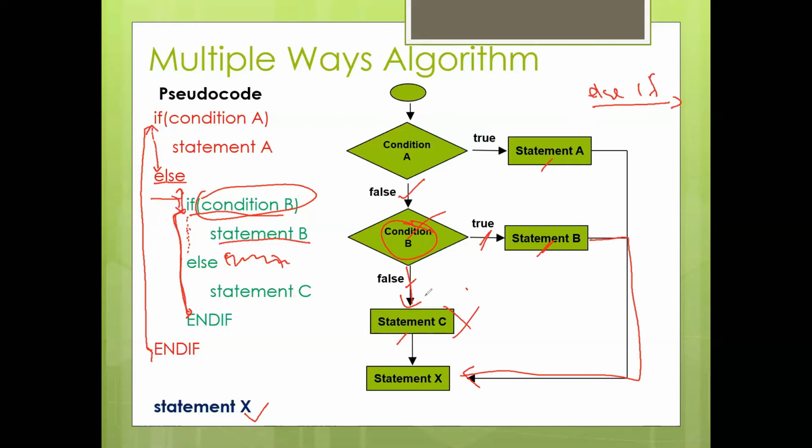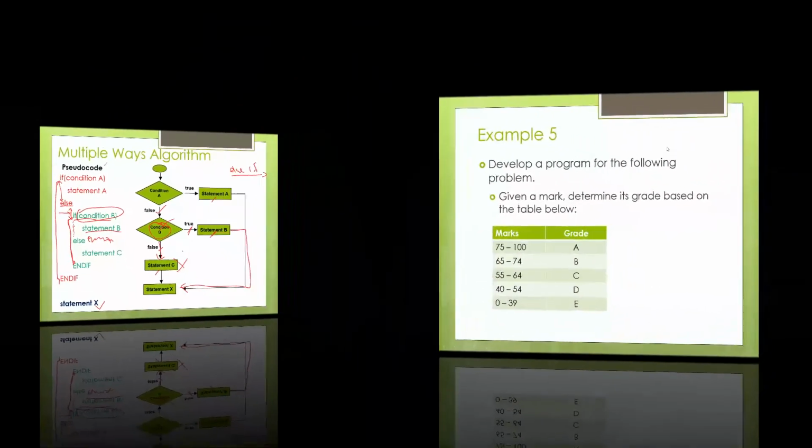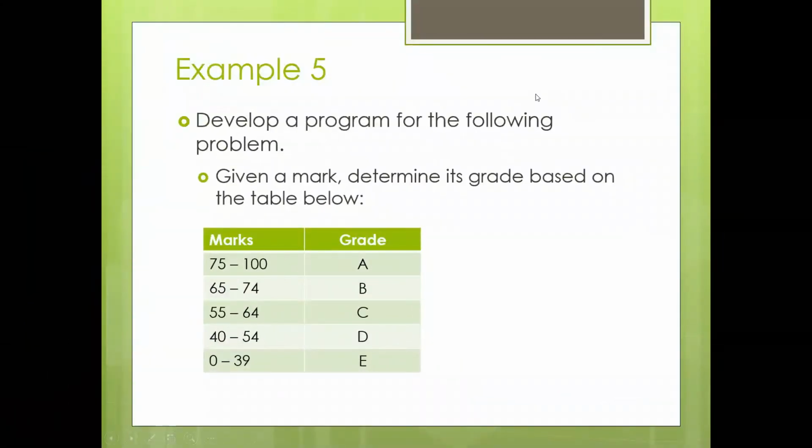Itu maksud dia. Okay. Okay, for example 5, develop a program for the following problem. Given a mark, determine its grade based on the table. Okay, usually the question that involve the multiple selection, usually the data they put inside the table. This one.